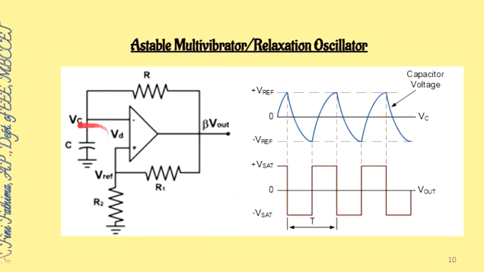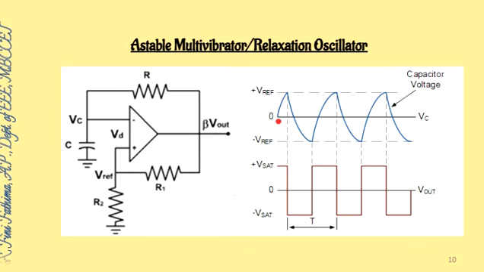As a result, the capacitor C charges and the voltage across the capacitor VC increases. So when the voltage VC is greater than this reference value, then naturally the voltage VID becomes negative, that is VC becomes greater than V reference. So VID will become negative and the output switches back to minus VSAT.